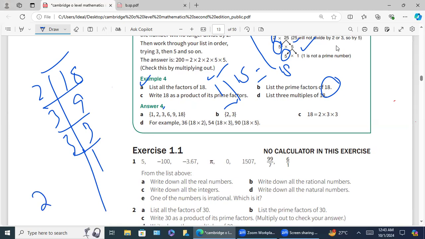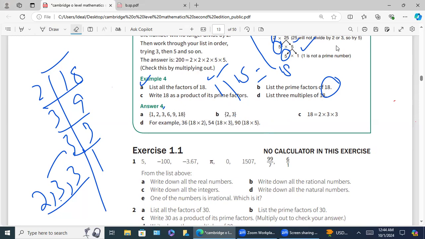So 2, 3, and 3 are the prime factors of 18. I repeat 3, but just 2 and 3 are the prime factors of 18. No repetition is allowed. That's why we take 3 only one time.